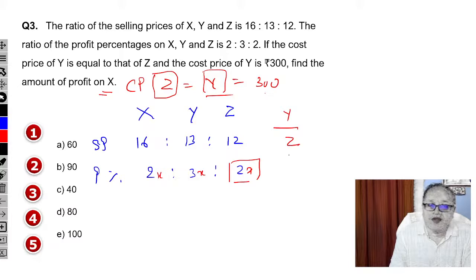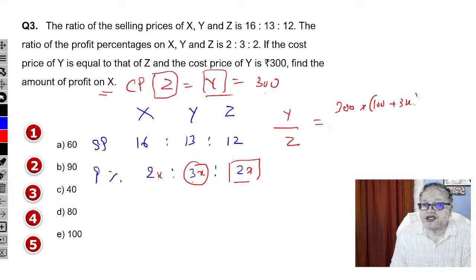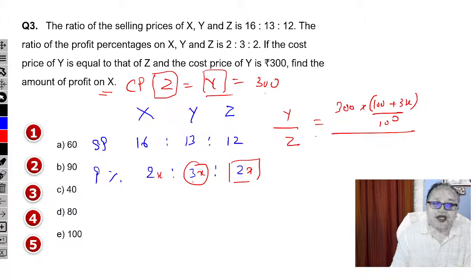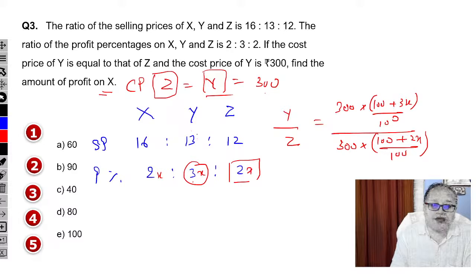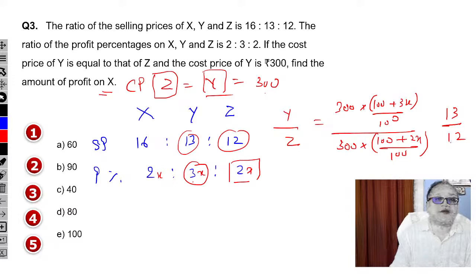Y by Z. So here it is Y, that is 300 into (100 plus 3x) by 100 is the selling price, divided by the Z selling price, that is 300 into (100 plus 2x) by 100, and we have a selling price ratio, that is 13/12. You will find that the 300 gets cancelled, the 100 gets cancelled.